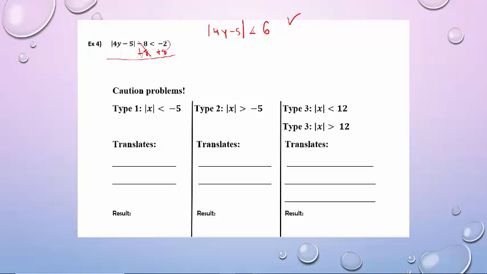You can have a distance less than 6. So we definitely want to set up our cases once again. My first answer will be y is less than 11 over 4. My second answer will be y is greater than negative 1/4.